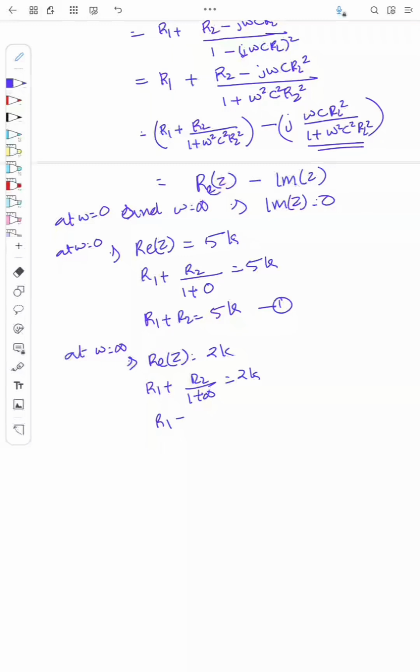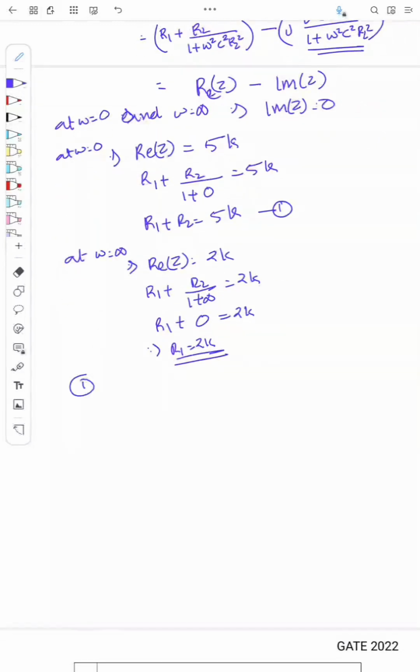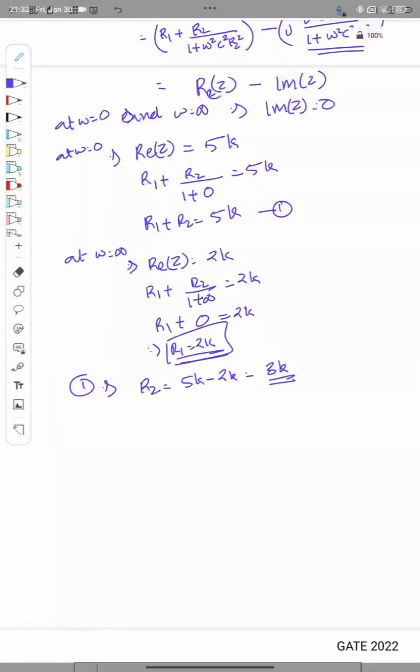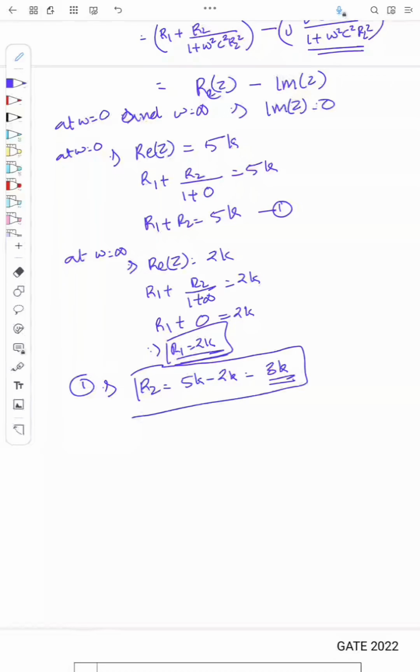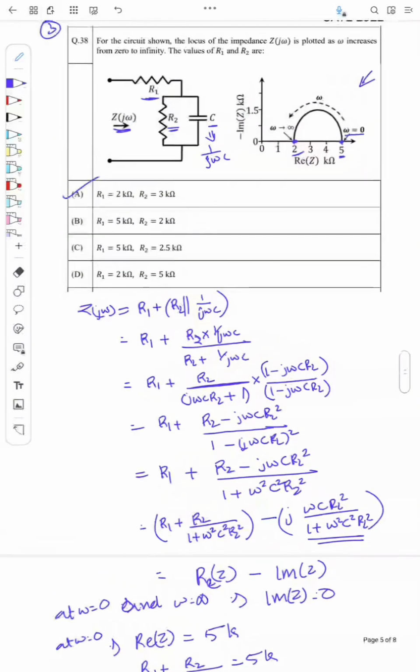So R1 plus 0 equal to 2k, which implies R1 is equal to 2k. Okay, so substituting this R1 in equation 1, I will get R2 equal to 5k minus R1, that is 2k, or R2 is equal to 3k. So answer is R1 equal to 2k and R2 is equal to 3k. So answer is A.